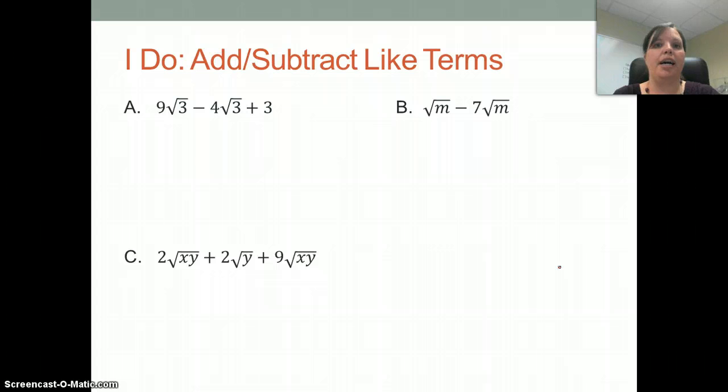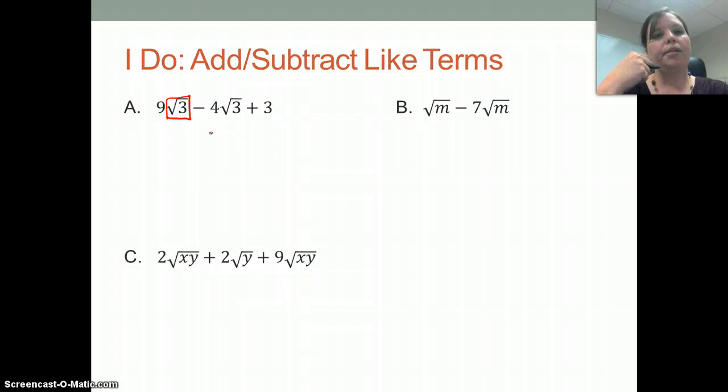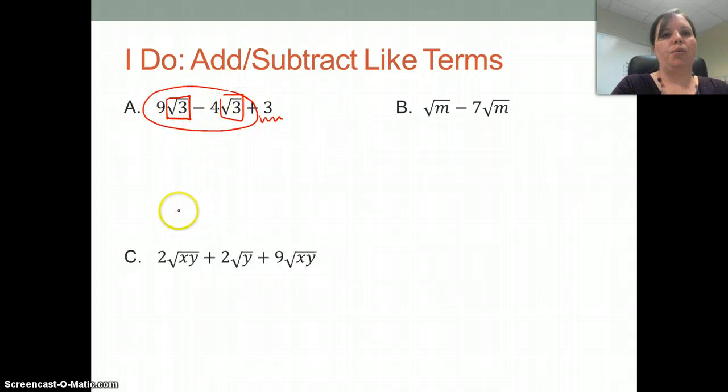So now to the I do's, to add and subtract some like terms. If we're looking at a whole list of things, there's square root of 3. The only thing that can be combined with that 9 root 3 is another square root of 3. So this is another square root of 3, but then this 3 is not a like term. This 3 doesn't get to combine with anything, and we combine 9 root 3, take away 4 root 3.